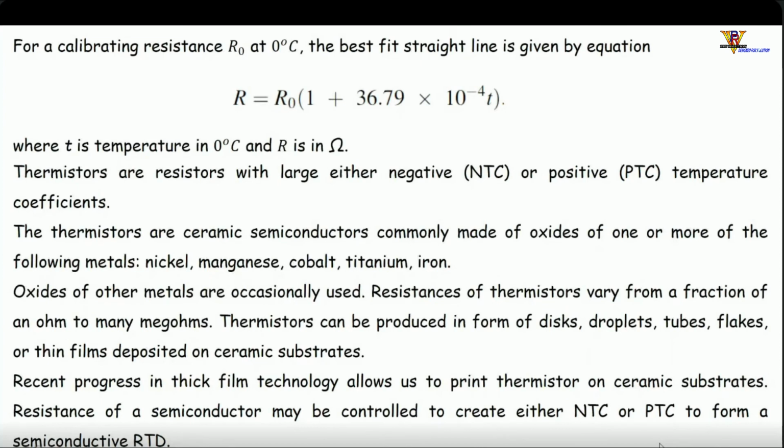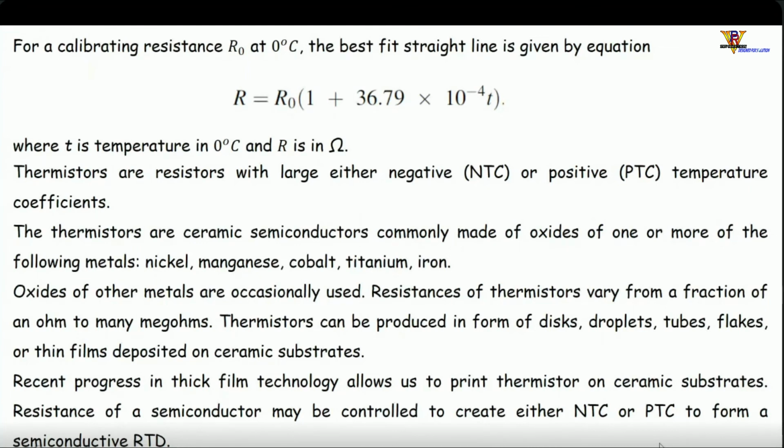And how can these materials be constructed? It is mentioned here. Because their resistance depends on the temperature, they are not pure resistors; they are semiconductors. And how can they be constructed?